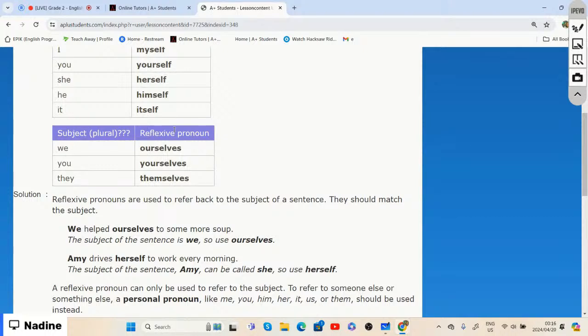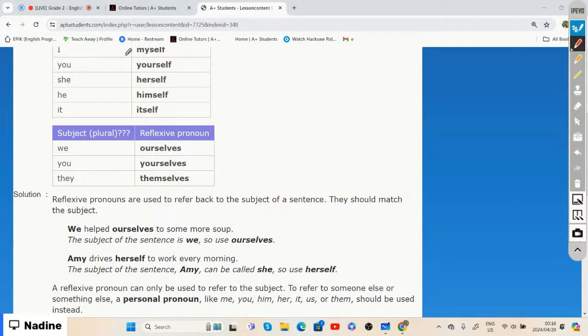Remember, reflexive pronouns refer to either I, myself; you, yourself; she, herself; he, himself; it, itself; or we, ourselves; you, yourselves; or they, themselves.